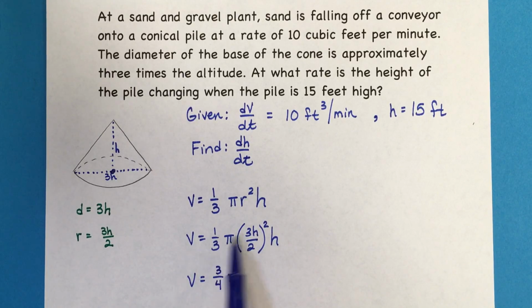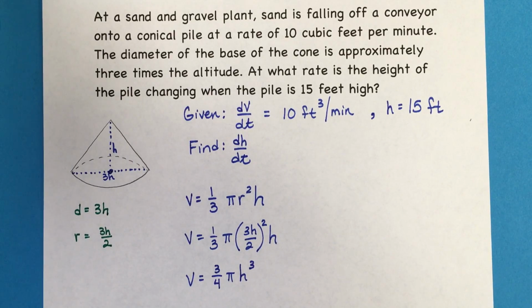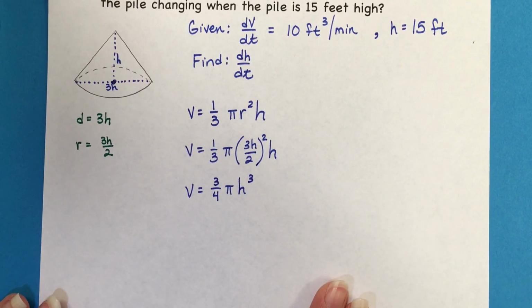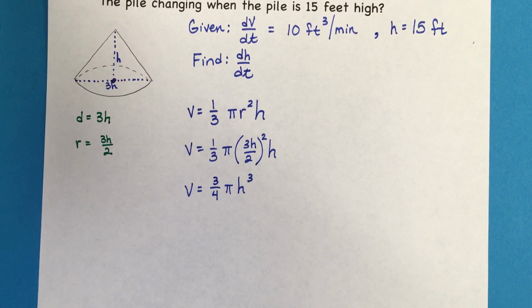That takes care of the numbers, but you also have this h that's squared times this h, so that's going to give us h cubed. So I now have an equation that only has h in it, and I'm good with that because I have a value to substitute in for h, that was the 15, and I'm trying to find dh/dt.